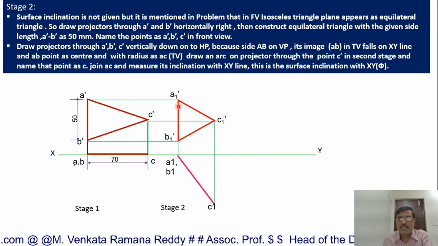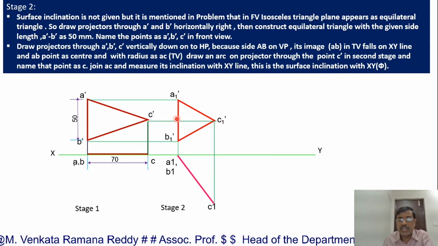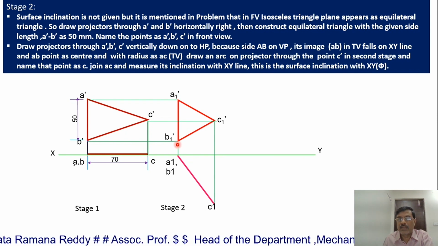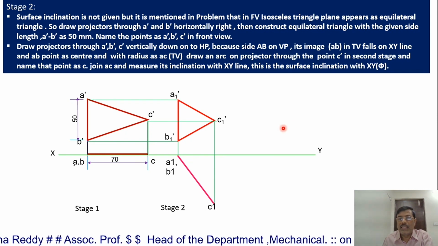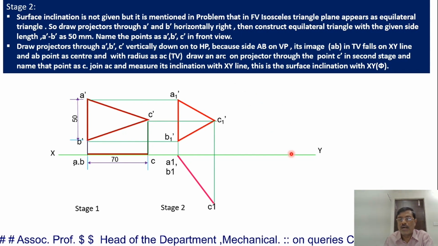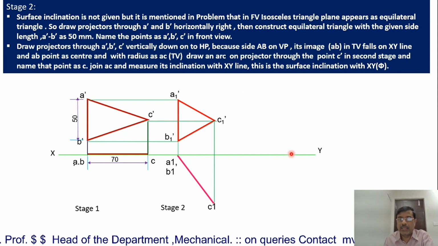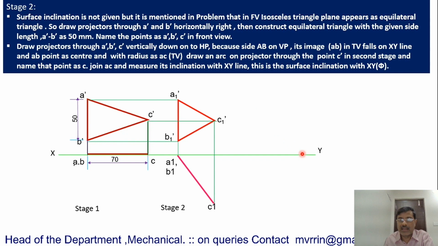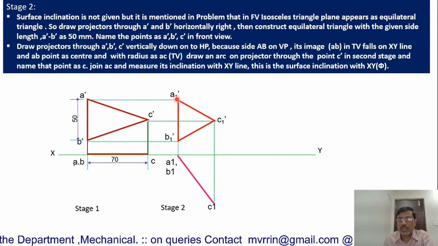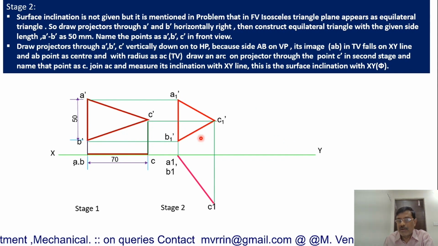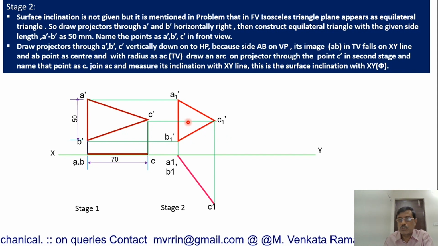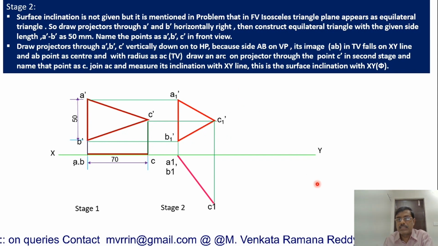In the case of the third stage, this A1 dash B1 dash line is to be tilted with an angle of 45 degrees to the HP. So draw a 45 degrees inclination line. Then copy this equilateral triangle from the second stage to the third stage.